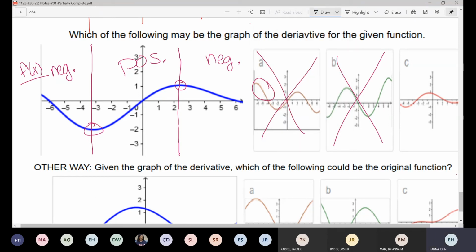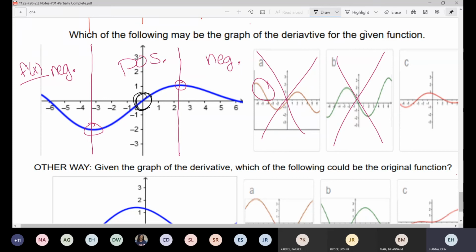Questions, concerns? Yeah. You're talking about here? So, teams, he's wondering if we have to care about 0 on the original function. When we're looking at the original function, the only thing we care about is a maximum or a minimum.